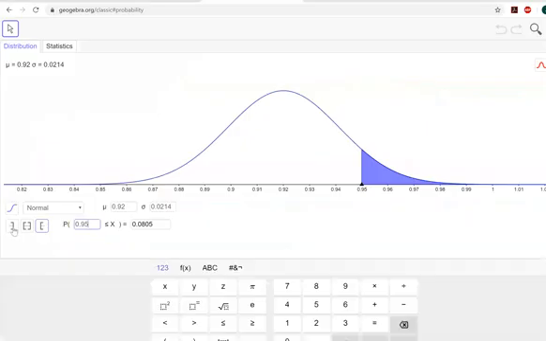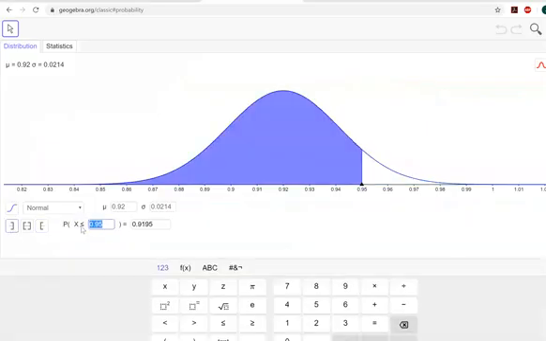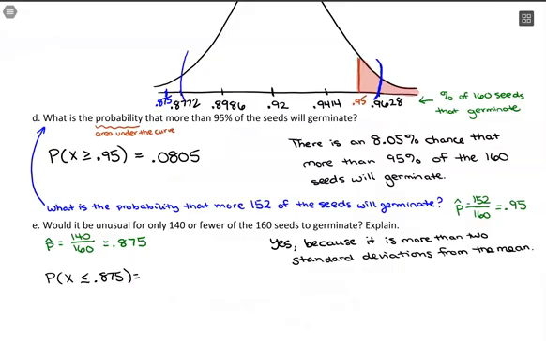So less than or equal to, so I'm going left-sided with a cutoff of 0.875 to represent that 140, and that's a 0.0177. So basically there's a 1.77% chance of this occurring. So we could also answer this that yes, it's a very low probability.